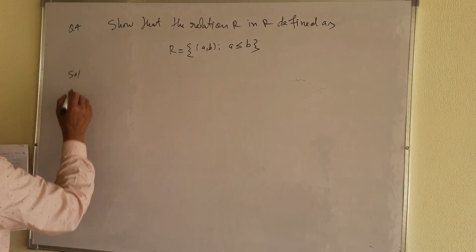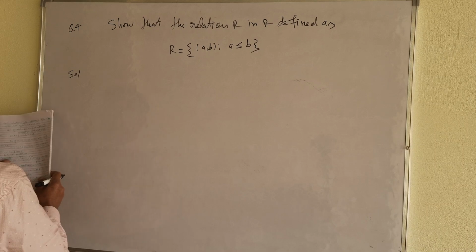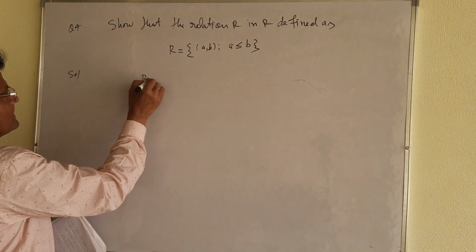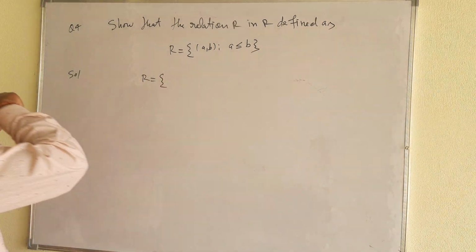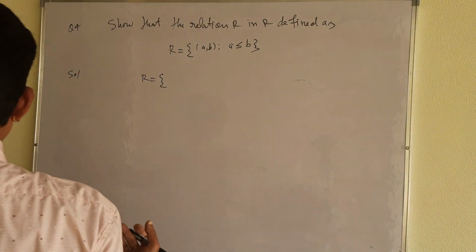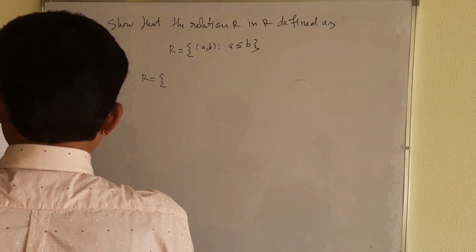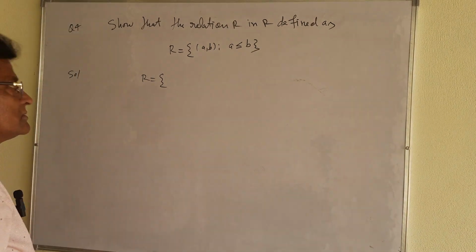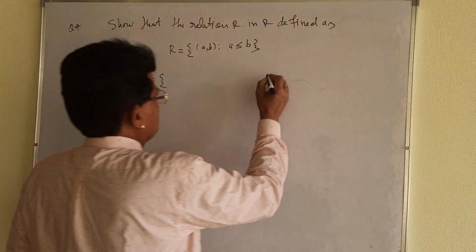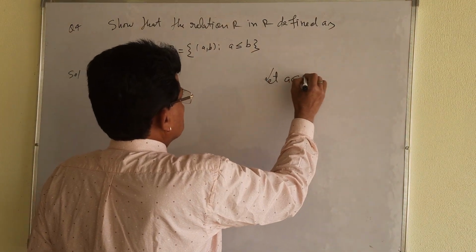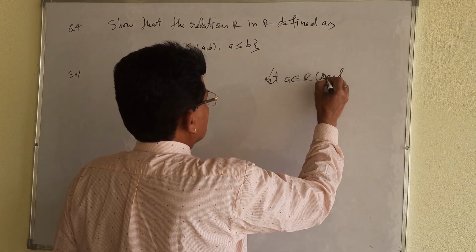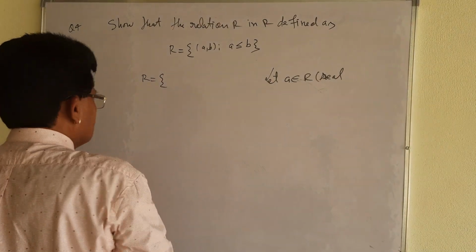Let me take the solution, and you find out the different elements of R for this question. Question number 4: as I told you, you must follow the condition. Suppose I take a belongs to R. R means set of real numbers.